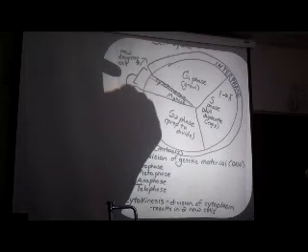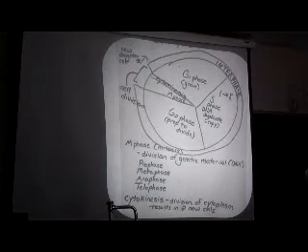Interphase refers to the time in a cell's life when it is not dividing. It is only during this portion right here, which is mitosis and cytokinesis, where you actually have cell division going on. All the other time a cell spends in its life is in interphase. And that just refers to the time in a cell's life when it's not dividing.